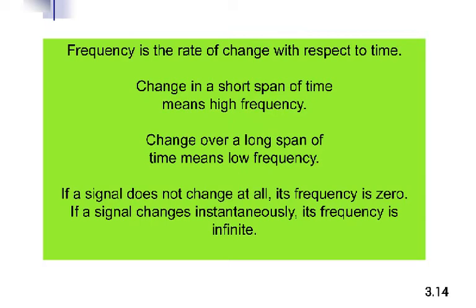If the signal changes in a very large period or a very large cycle duration, this means that it has a low value. There are two extremes here. If the signal does not change at all, what is the frequency? Zero. Bravo. Excellent. So if the signal does not change at all, like DC voltage, it has a constant value. So the frequency of DC is 0.